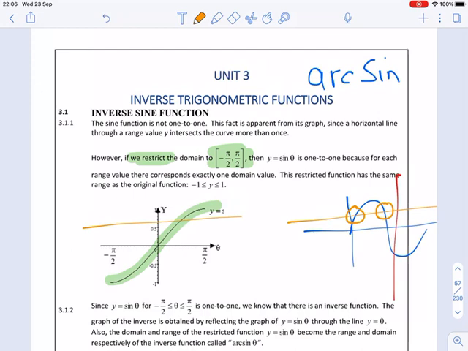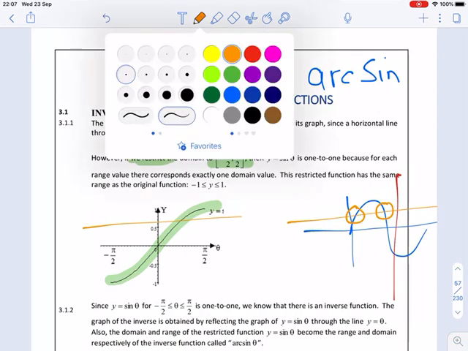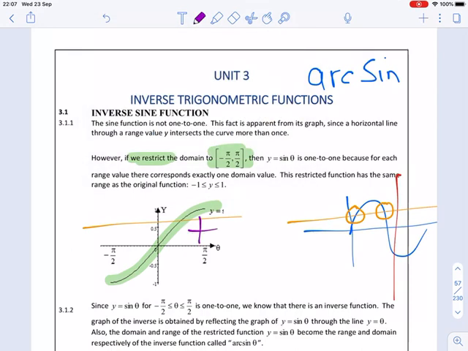So what we must understand, so that we don't confuse the inverse functions with our normal trigonometric functions from the previous units, is that we only work in the first quadrant for positive answers and in the fourth quadrant for negative answers. So we only have the two quadrants.